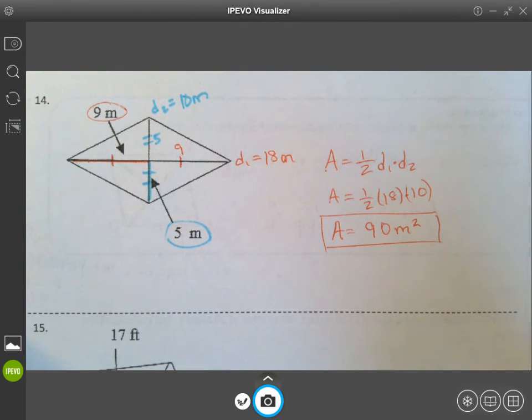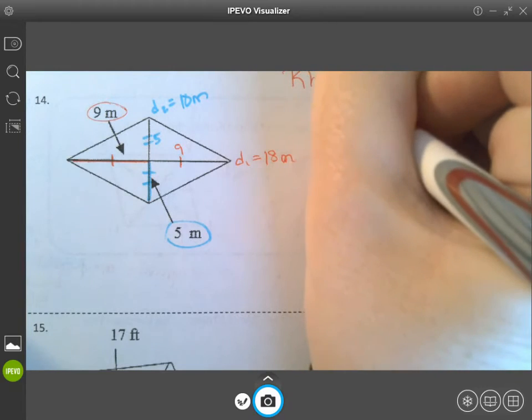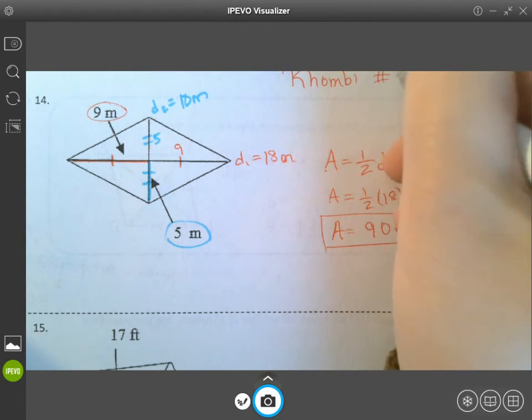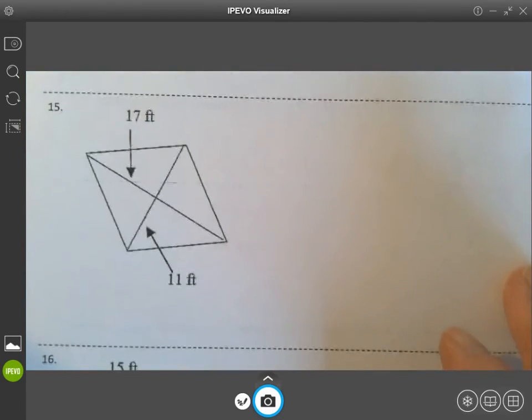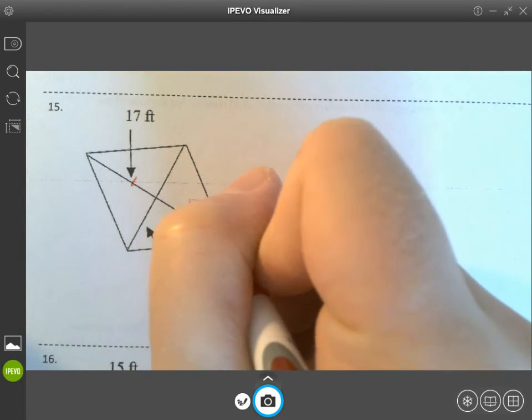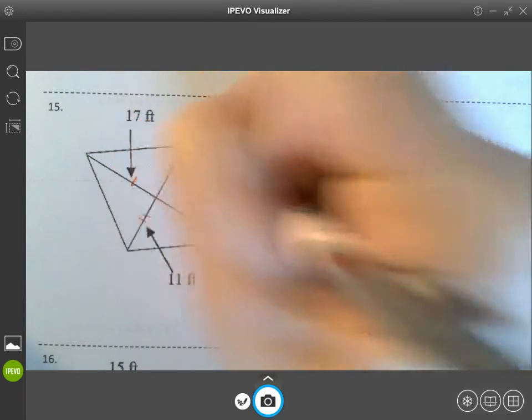All right, same idea, as long as I know this is a rhombus. That is the only thing I don't like about these problems. These are all rhombi, the plural. So number 14 through 16 are all rhombi. So look at this. If this is 17, this is 17 feet. If this is 11, this is 11 feet.